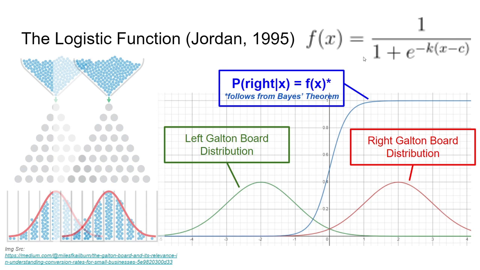The way we can derive it is, let's say we take two of these Galton boards. They have a bead that comes down here, and if you have many of these beads, it ends up forming a normal distribution.